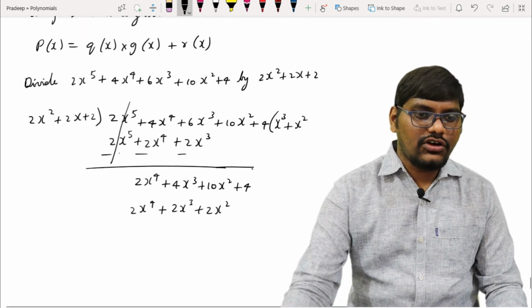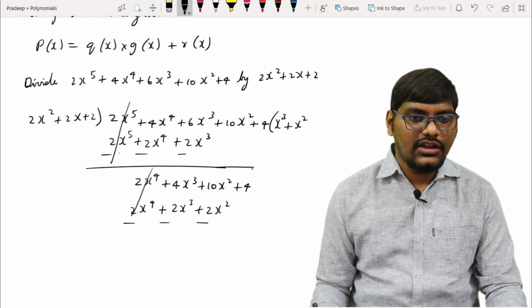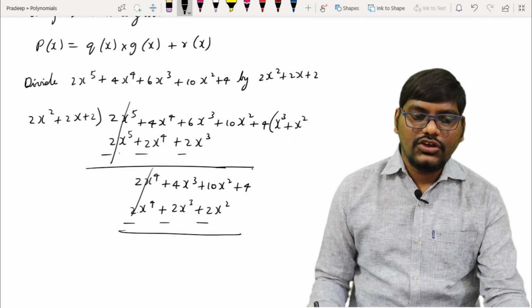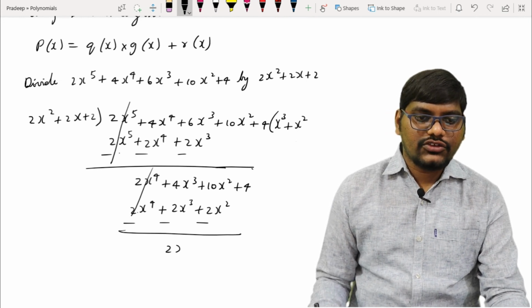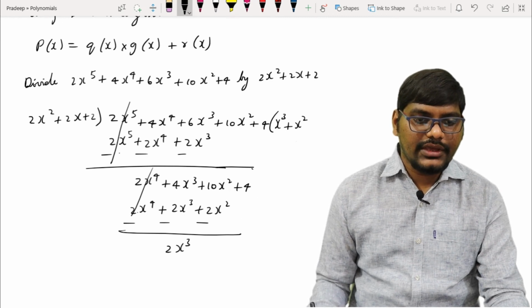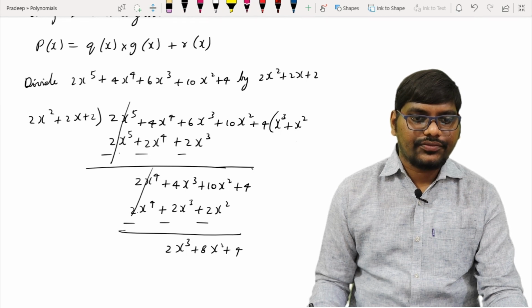So let's solve this. If you change the sign, minus minus minus, these both get cancelled. 4 minus 2 gives us 2x cube. 10 minus 2 gives 8x square plus 4.